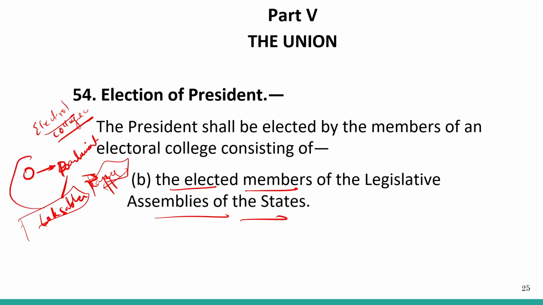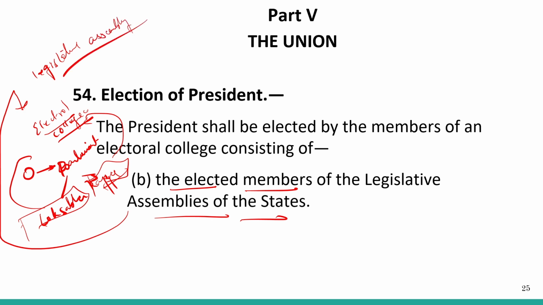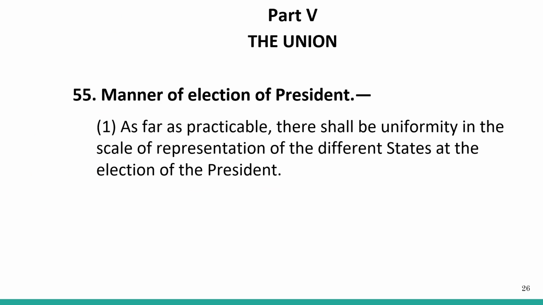Then, elected members from the Lok Sabha, elected members from the Rajya Sabha, and the elected members of the legislative assemblies of all the states. Every state, whether it be Uttar Pradesh or Madhya Pradesh, the legislative assembly, which we also call Vidhan Sabha, all the elected members of that assembly of all the states will come under the electoral college and they will be voting. Okay, so this will be the electoral college.